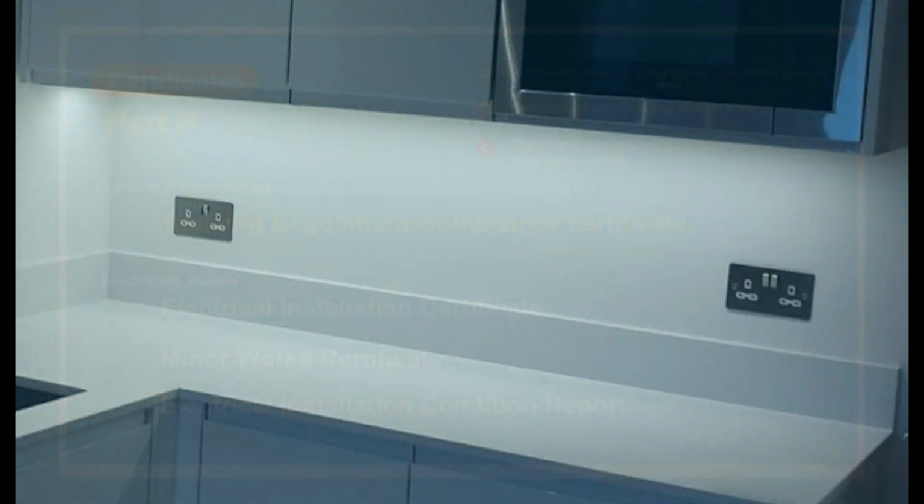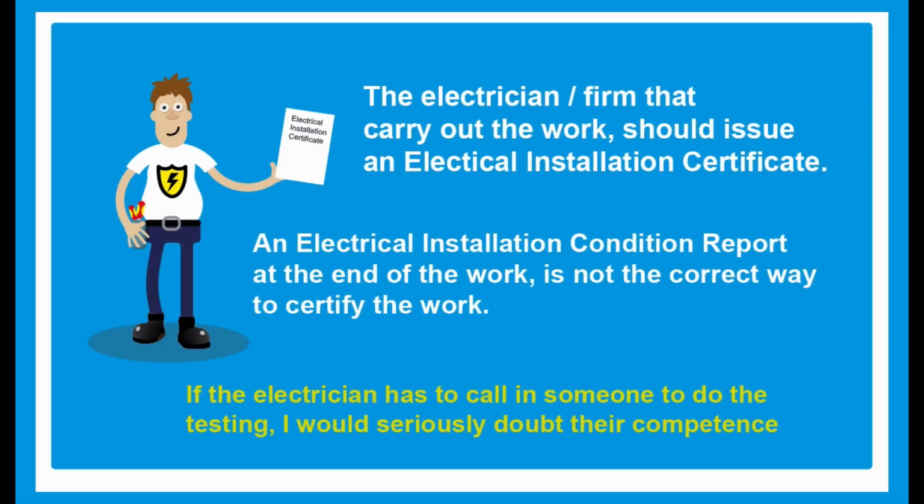So just to clarify, if an electrician does work, he should issue you an electrical installation certificate. That's for the work done, the design, the installation, and the verification of the work. Now, if you're receiving an electrical installation condition report, that is purely a test report. It is not taking responsibility for the design or construction.